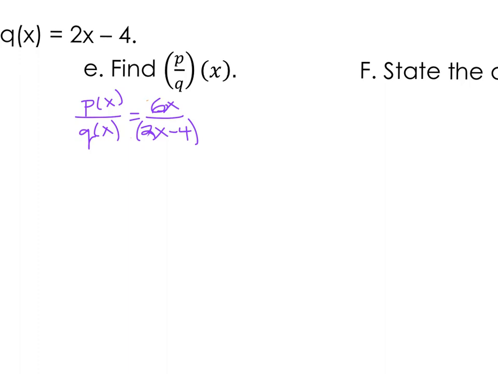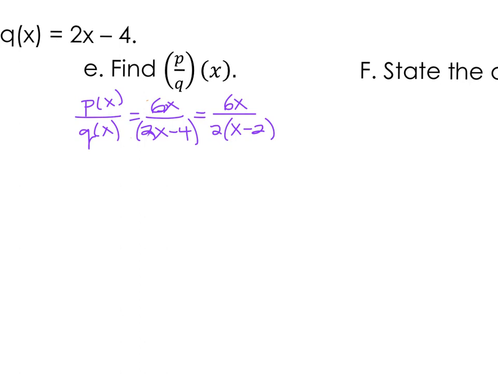Now, while 6x doesn't cancel with either of those two parts individually, we could factor. Yeah, factor. We haven't said that yet this chapter, I know. In the denominator, 2x minus 4 has a common factor of 2, and that would give us x minus 2 left over.